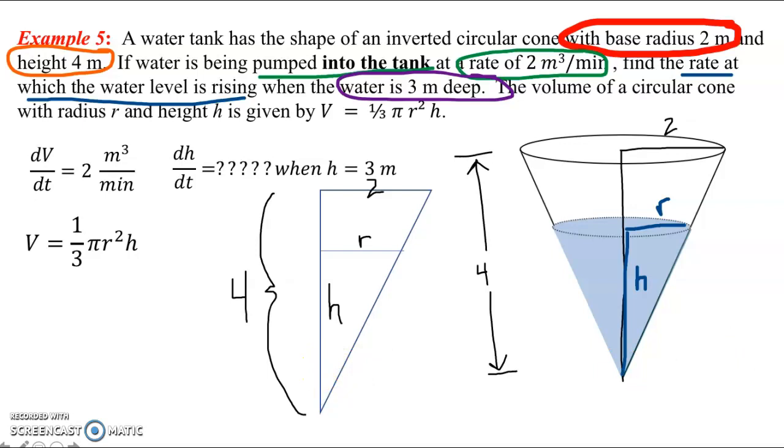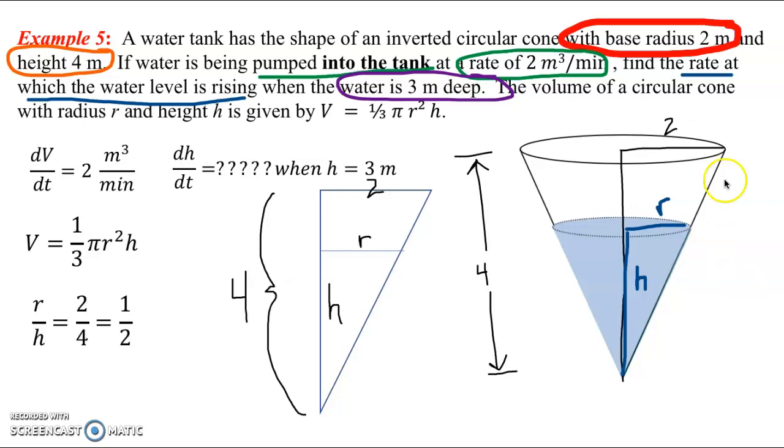And then I would use my properties of similar triangles that we learned way back in geometry class. We know that similar triangles, two triangles that are similar to each other but not congruent, their sides are in proportion. So I know that the radius to the height is equal to 2 to 4.